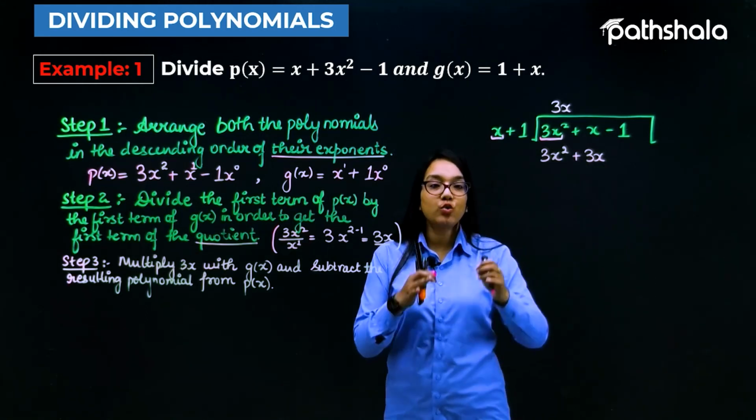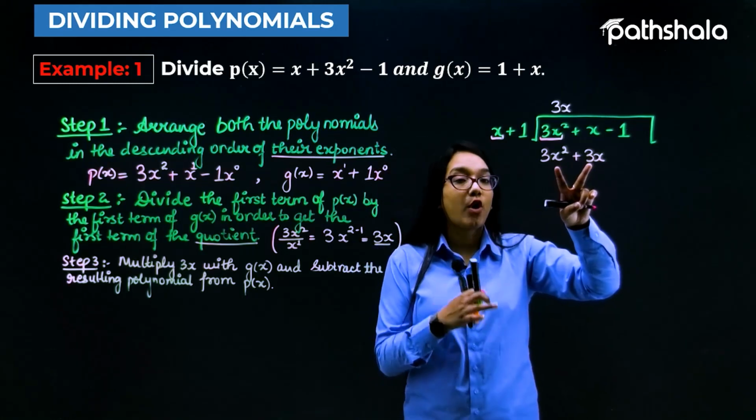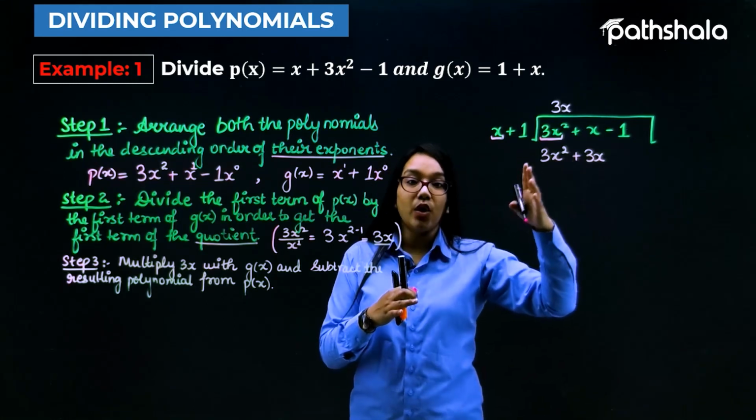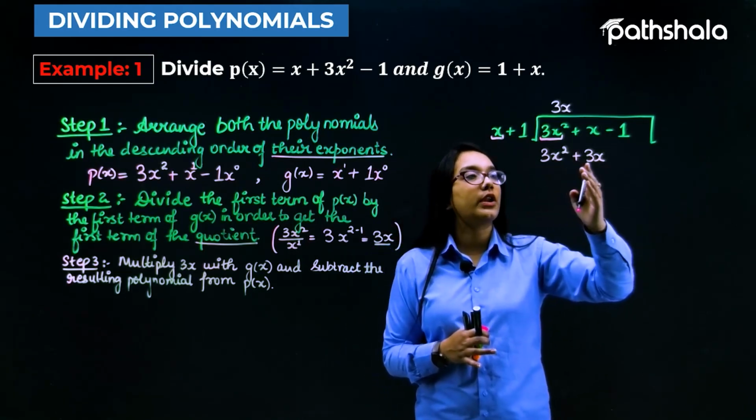Always remember to write the resulting polynomial again in the descending order of its exponents. So I am writing this in the descending order of their exponents.